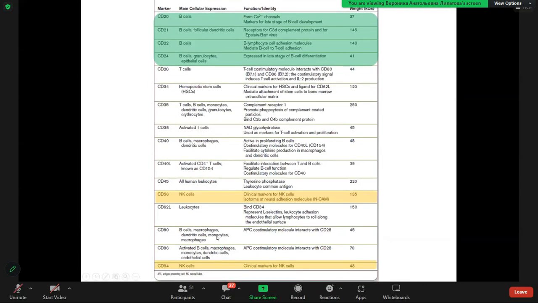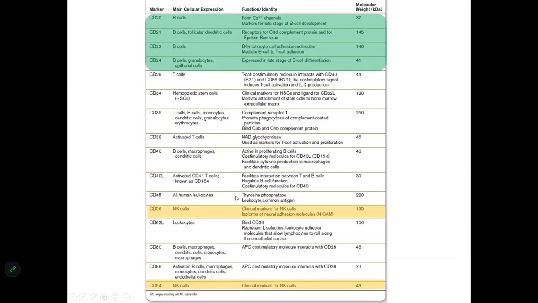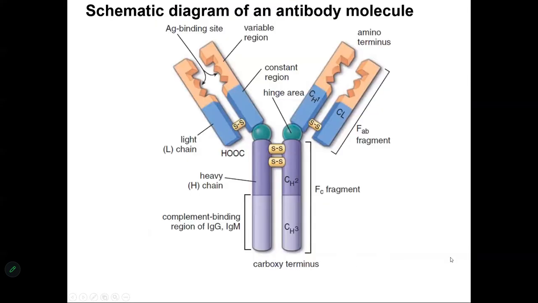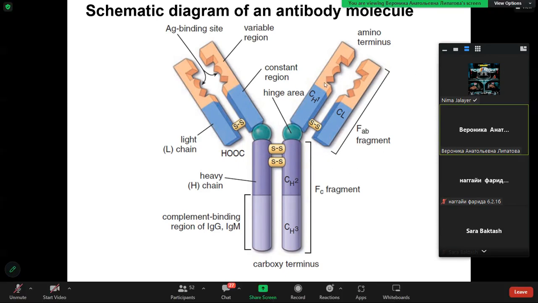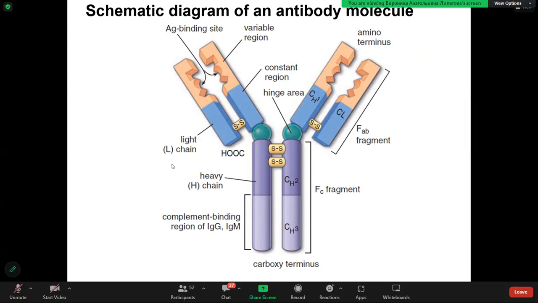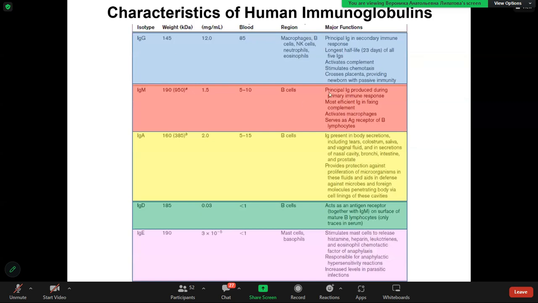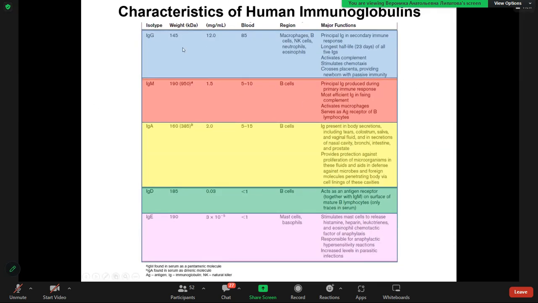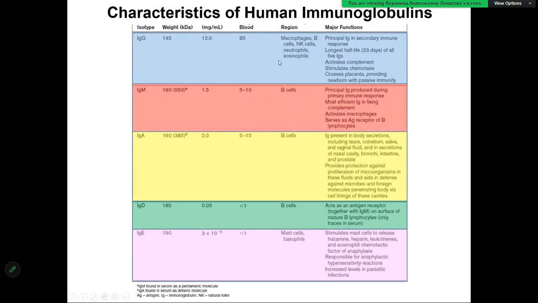And after this, some markers for B cells, and so on. And here, finally, this is the structure of the antibody molecule. This is the Fc fragment and Fab fragment of it.